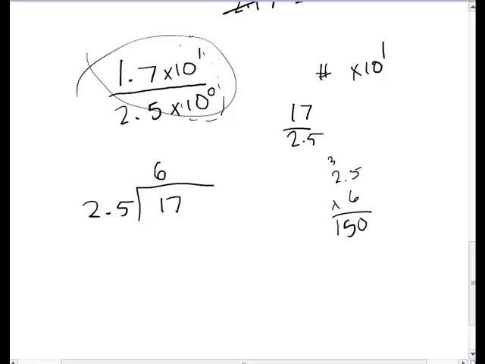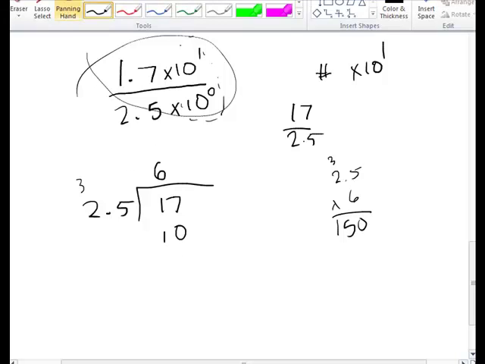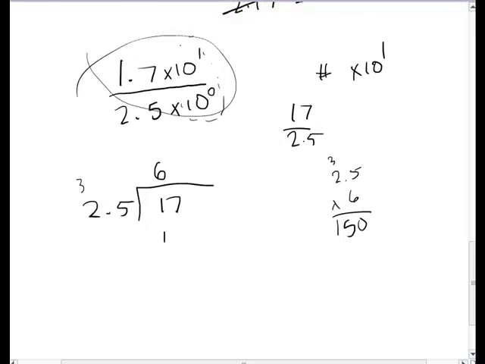This is not easy. 6 times 5 is 30. Carry the 3. 6 times 2 is 12, plus 3 is 15. This is where the decimal is. And I'm left with 20.